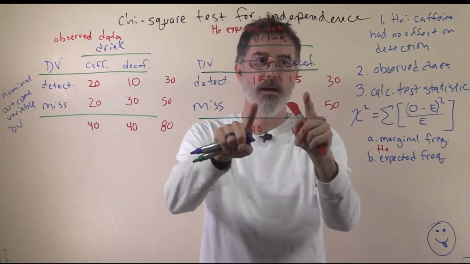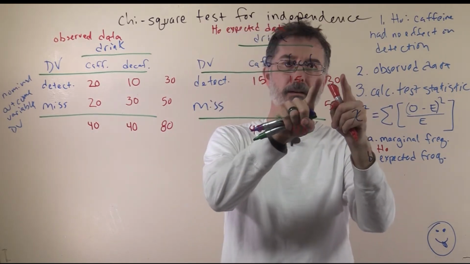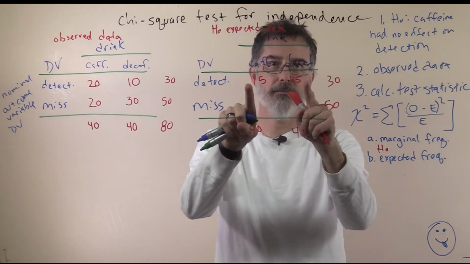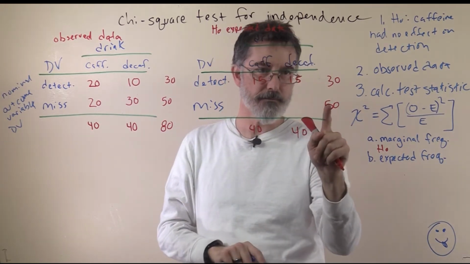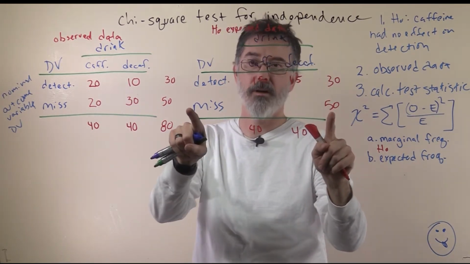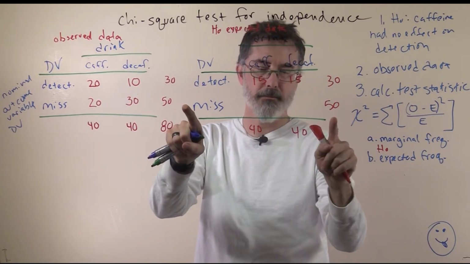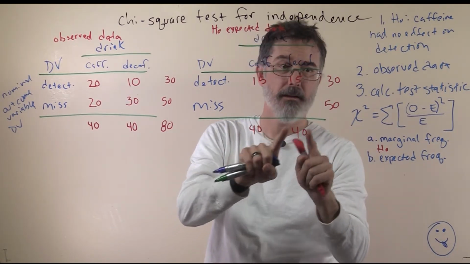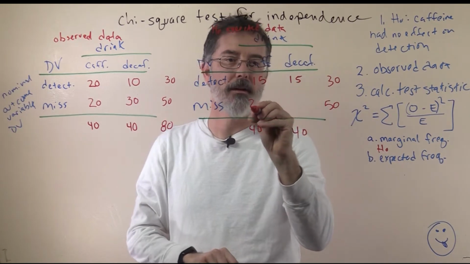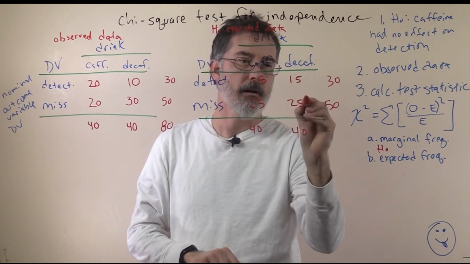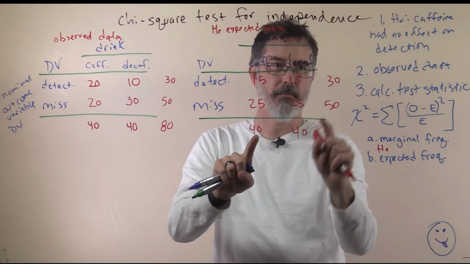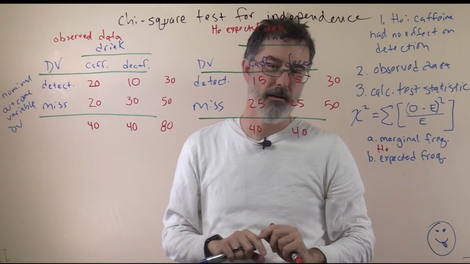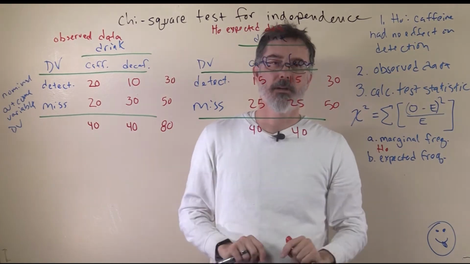So of those that detected the image, half go into the caffeinated condition, half go into the decaffeinated condition. And for these 50 people who failed to detect the smiley face, since these are equal numbers, they will be evenly distributed across these two conditions. If our sample sizes are unequal on the margins, things can get a little more complicated, but for this class, we'll keep it simple.